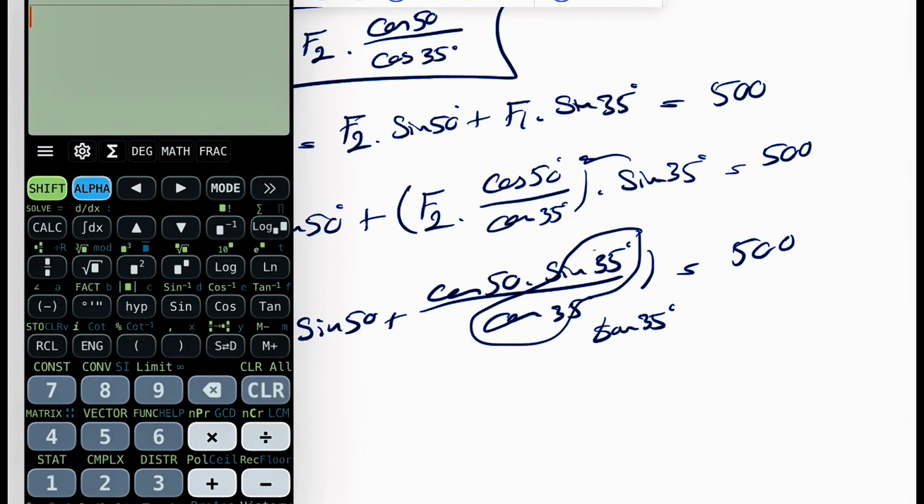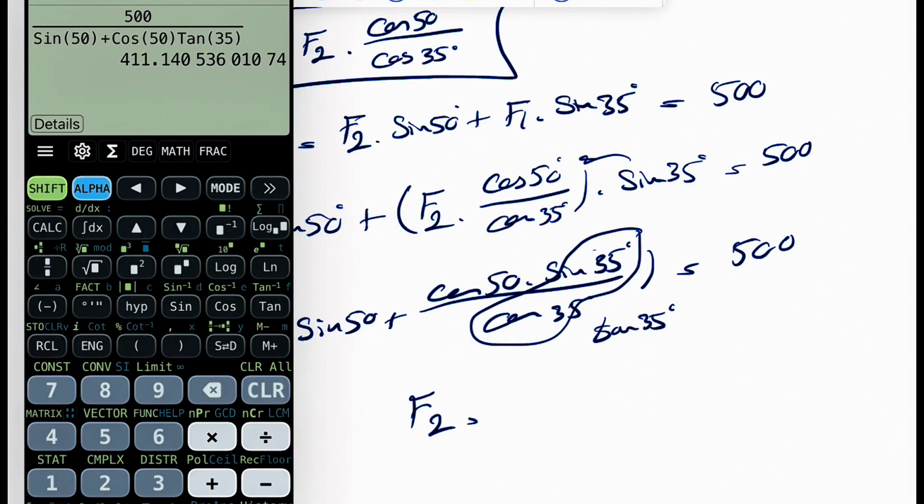So our F2 would be basically 500 divided by sine of 50 plus cosine of 50 times tangent of 35.